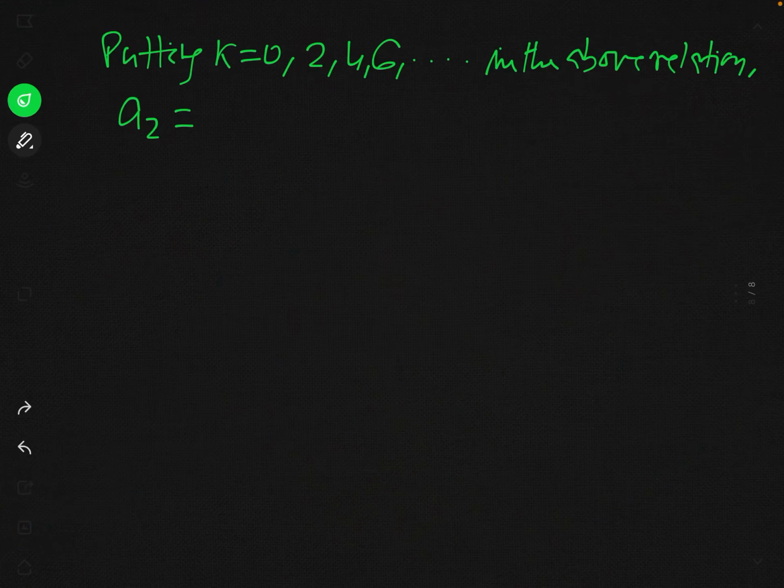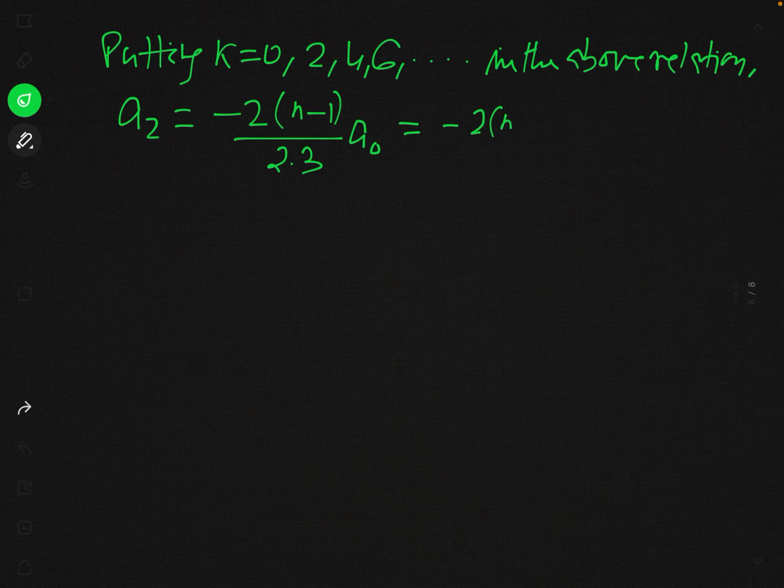So you can get a2 equal to minus 2 times n minus 1 over 2 times 3 a naught, and we can write this as minus 2 times n minus 1 over 3 factorial a naught.